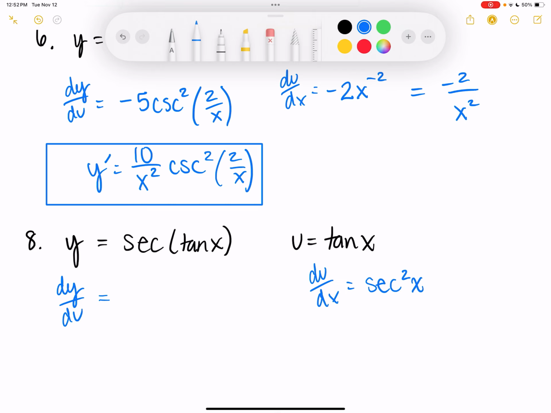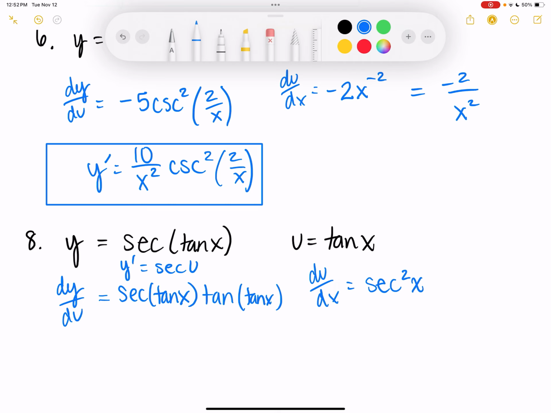So it's going to be secant of the tangent of x times tangent of the tangent of x. How'd you get that? Because it's secant of x, tangent of x, but my x value is tangent of x, so I have to plug that in. Tangent of x is u, so this is the derivative of the secant of u.